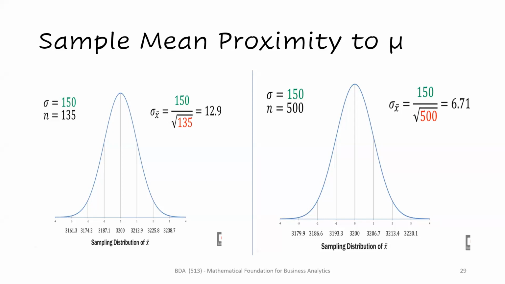So when we go to our left by 1 standard deviation, which is -1, in terms of numbers, it is 3,187.1, which is 12.9 less than the mean. We do that to 3 standard deviations to the left, and then we have 3 standard deviations to the right. So now we will have a range.